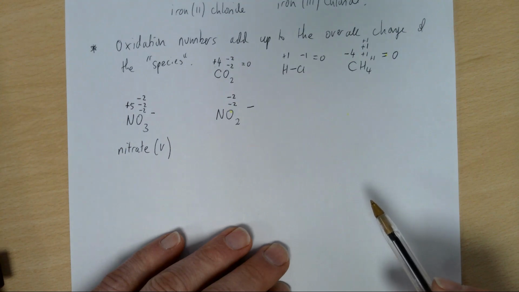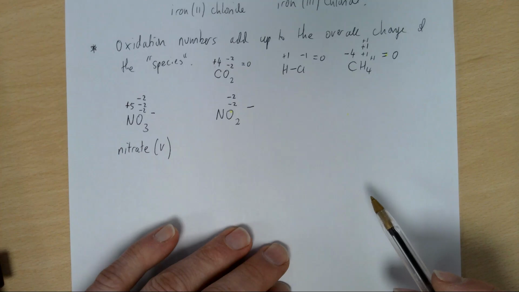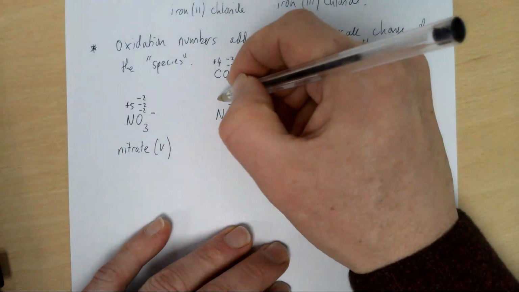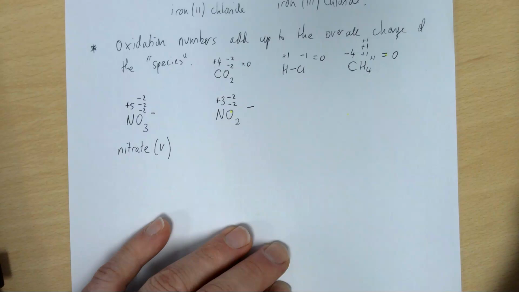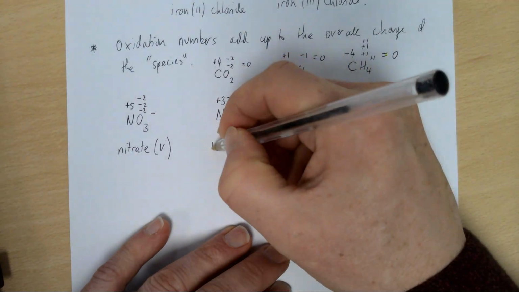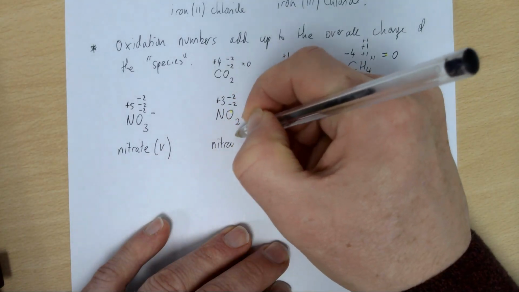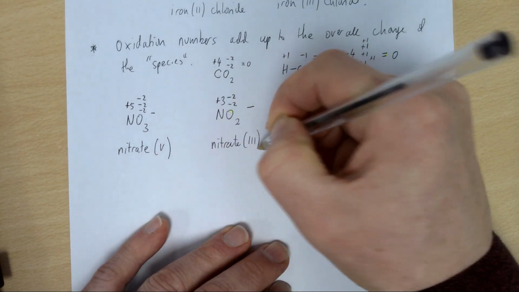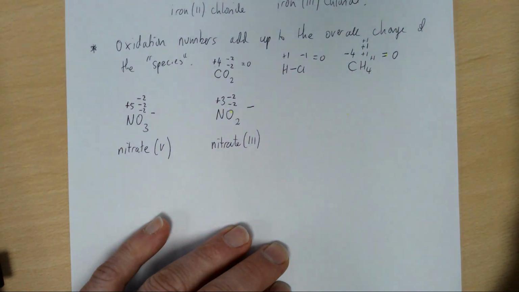Tell each other. Whisper it loudly so I can hear it as well. +3 or -3? +3. So this is what we call the nitrate 3 ion, right? Oxidation number 3.